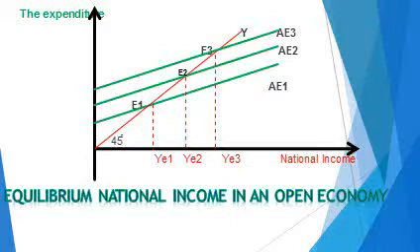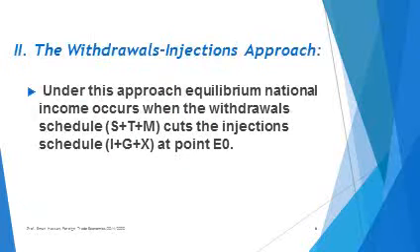Therefore, you have the point of equilibrium E1, which is less than E2, and E2 is less than E3. According to these points of equilibrium, the level of national income YE1 is less than YE2, and so YE3 is the greatest value of national income in this graph.